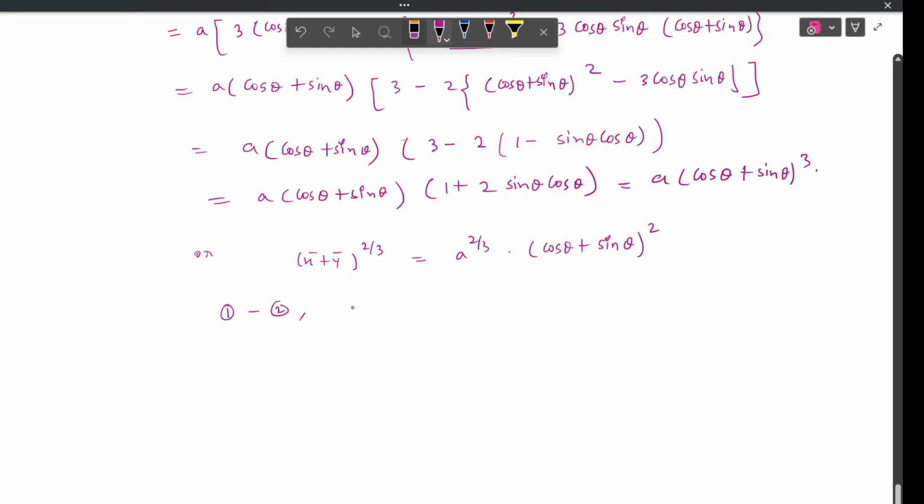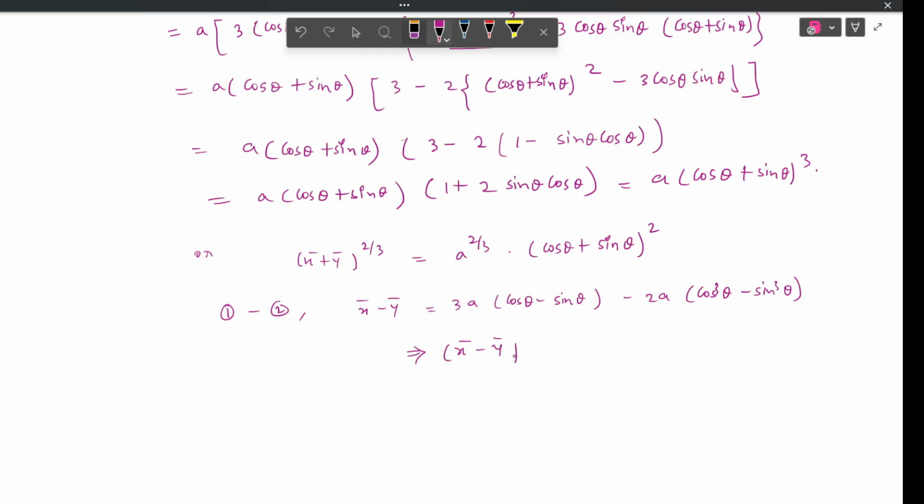To do this, you will get x bar minus y bar, that is 3a cos theta minus sin theta minus 2a cos cube theta minus sin cube theta, and x bar minus y bar to the power 2 by 3. This would be a to the power 2 by 3 into cos theta minus sin theta square.